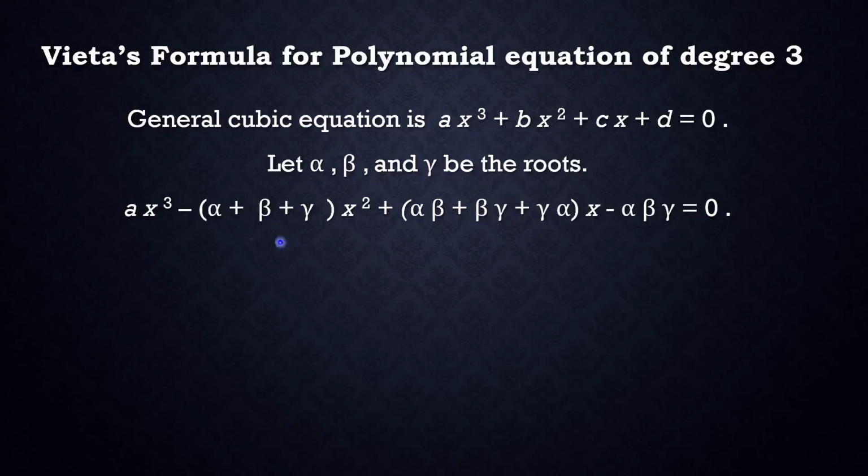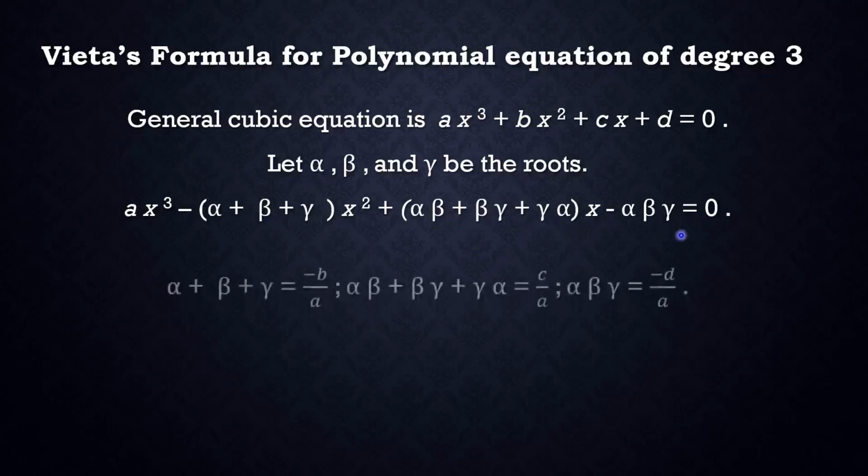Then the equation will become ax cube minus alpha plus beta plus gamma into x square, that is nothing but the sum of the roots, plus this is the sum of the product of the roots, that is alpha beta plus beta gamma plus gamma alpha into x, minus these are the product of the roots alpha beta gamma equal to 0.